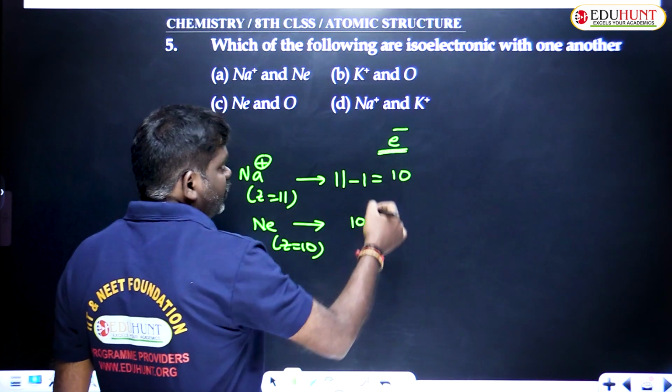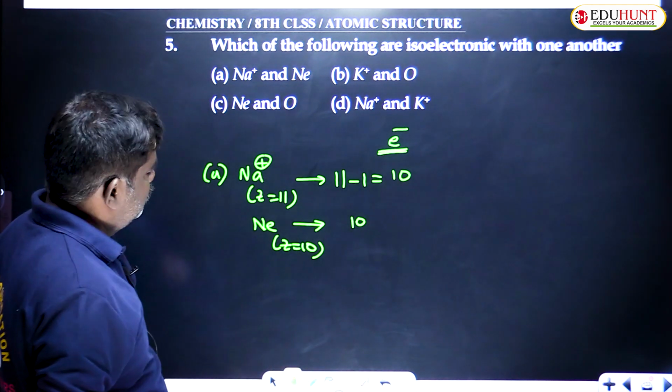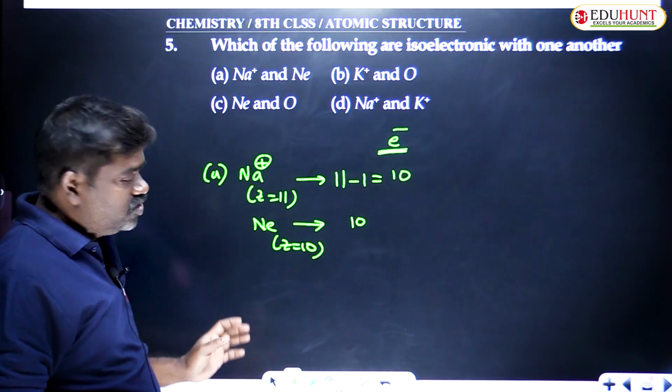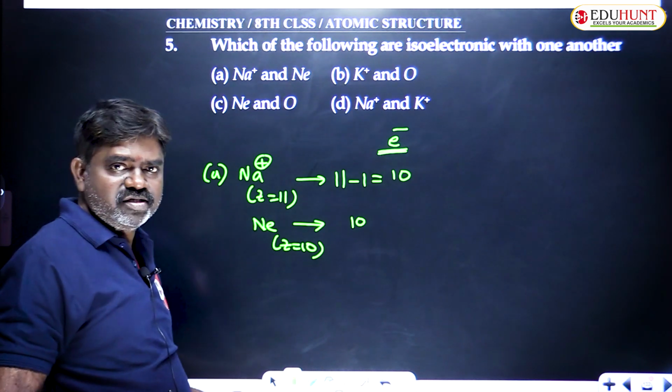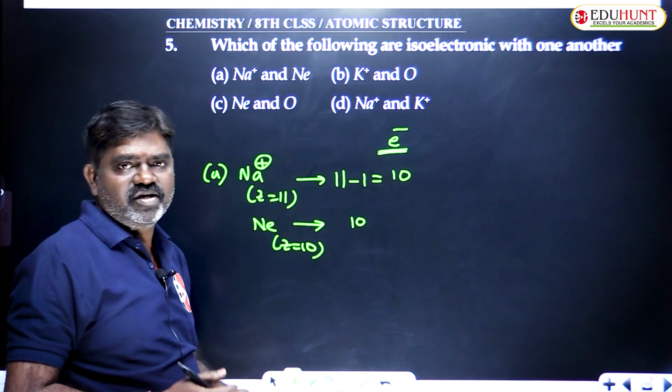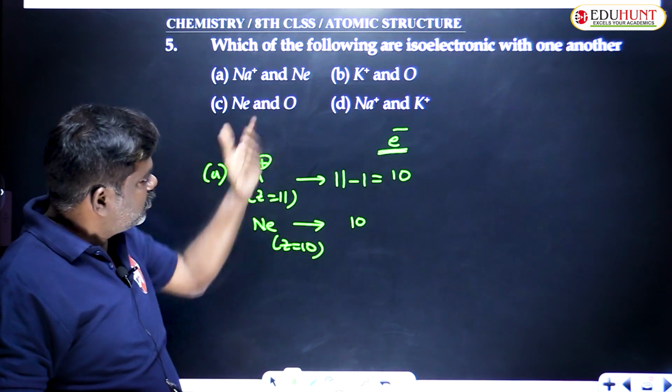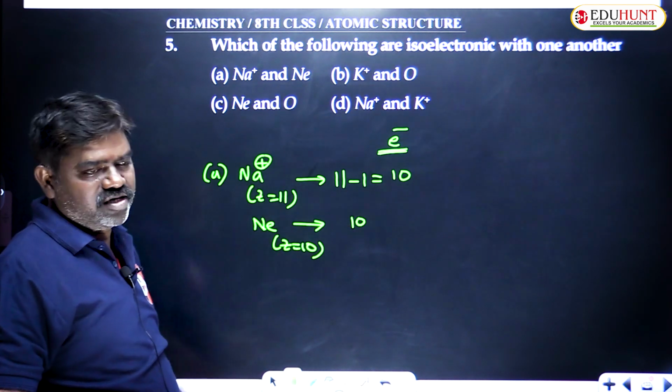Both have an equal number of electrons. Generally a sodium atom contains 11 electrons, Na+ lost 1 electron, so 11 minus 1 is 10 electrons.